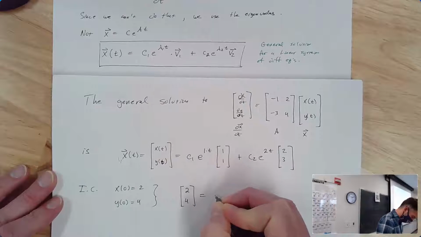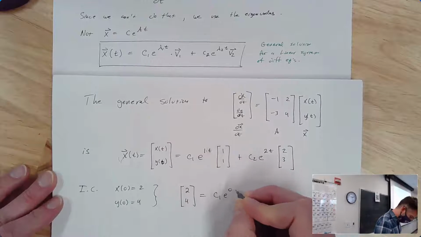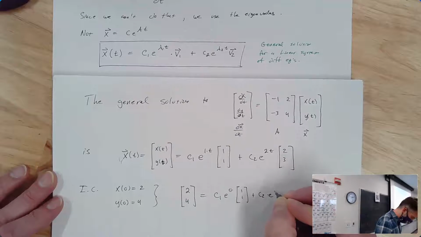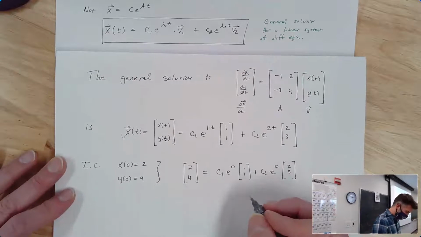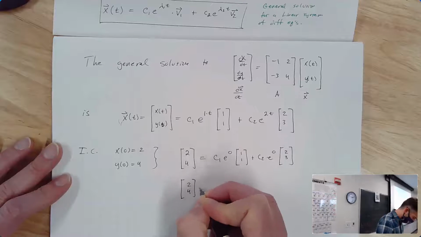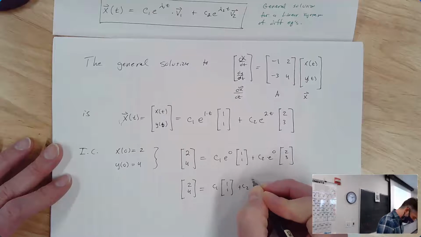So you get c1 e to the 0 times 1, 1 plus C2 e to the 0 times 2, 3. Simplifying this, I have 2, 4 equal to C1 times 1, 1 plus C2 times 2, 3.